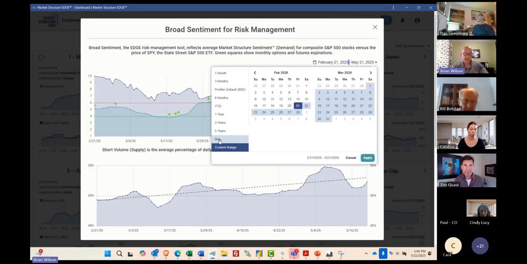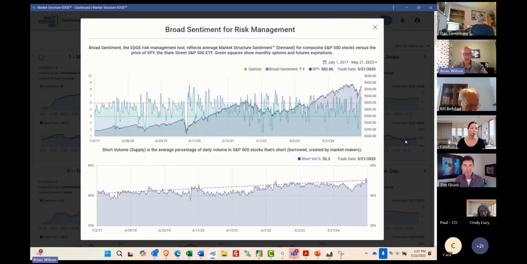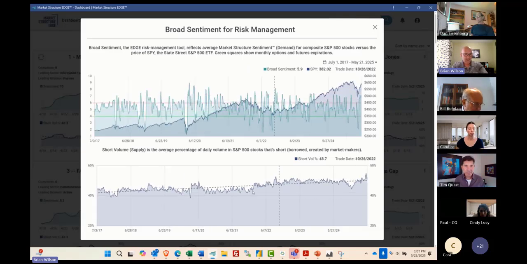If you go back, and we'll take this back to our maximum range for a moment, if you go back to 2007, 2018, it was very common to have short volume in the mid 40s. And then we went through a spell where it was up in the upper 40s and the market did just fine. So we can go through periods where we have shifts in what the market's doing.